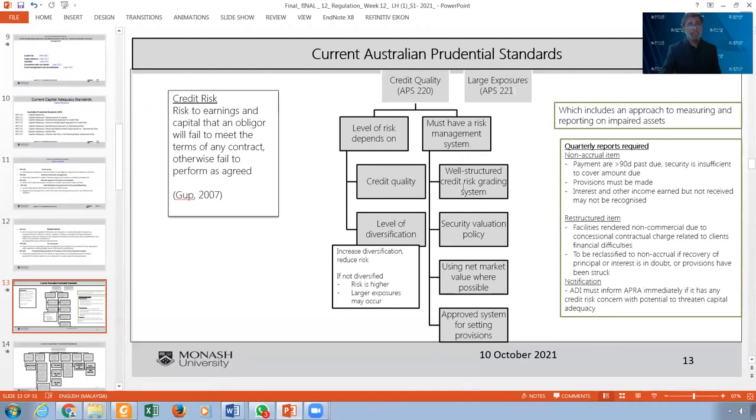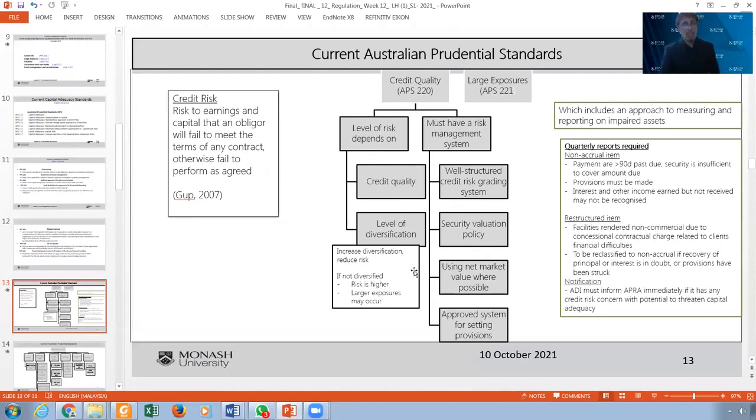Also, they must have a management system for the credit risk. We have seen so many banks that have to have a sound system for the credit risk. They have to have a security evaluation policy for those assets they acquire and they keep. Especially for trading, they have to always evaluate them. So they have to use net market value where possible, and they have to have an approved system for setting provisions, which means that if you can change a provision all the time, you can play with it.